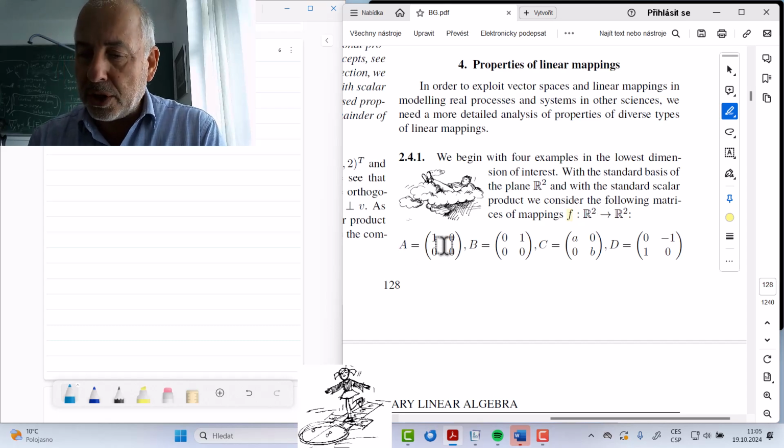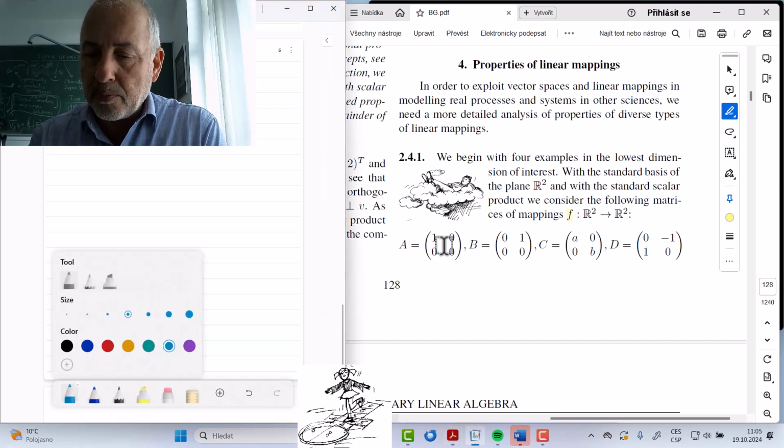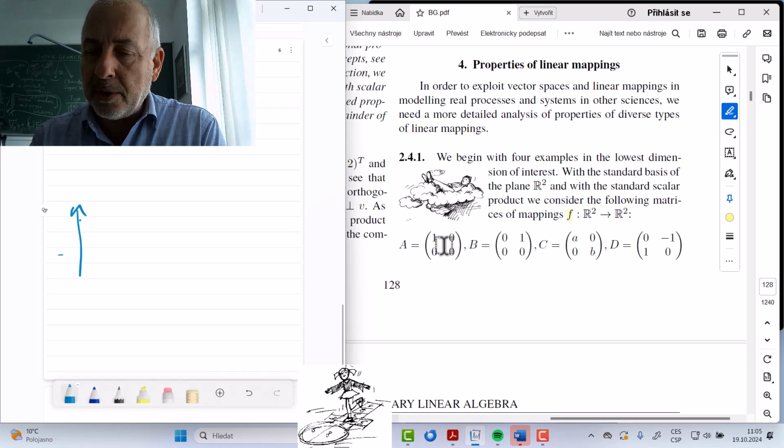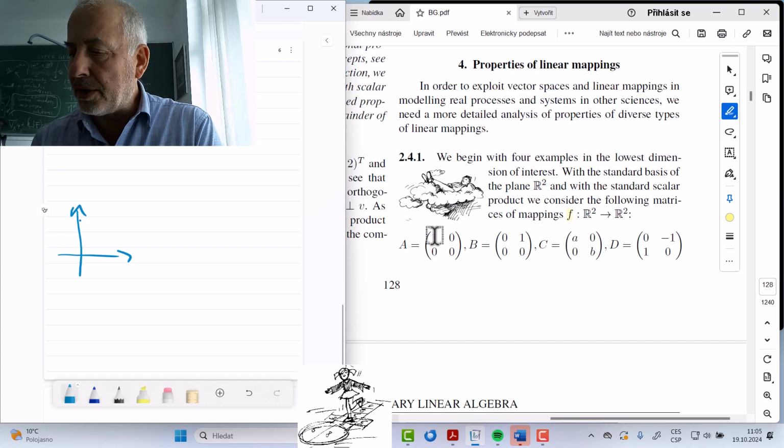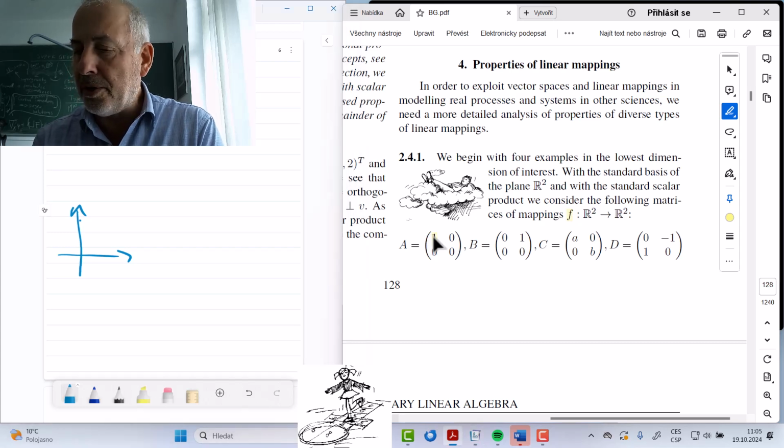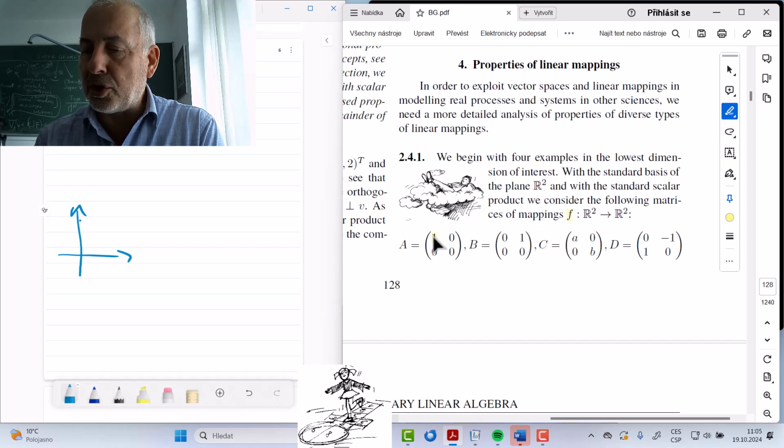This one means that we take simply the plane and we copy the first coordinate, that's this one here, and we forget the other coordinates. So it's a projection.